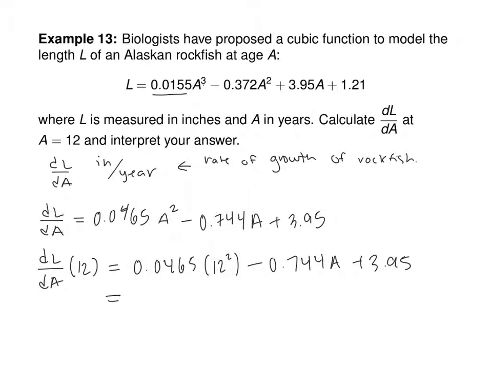First number will be 6.696. Okay. Oh, that should be a 12 there, so sorry. Instead of an A, I should say 12, because you plug in 12 for A. And second is 8.928. Okay, and then plus 3.95.